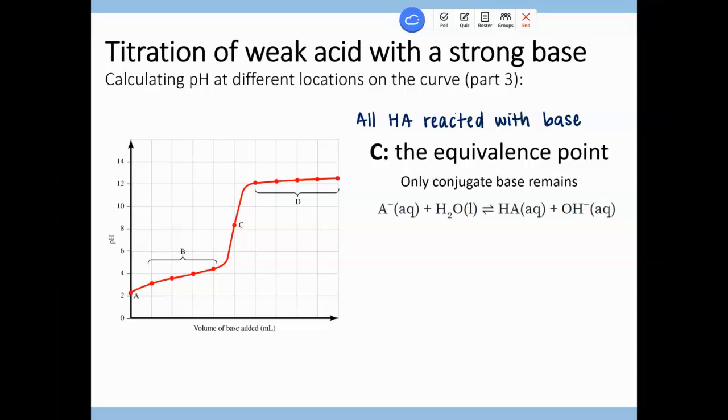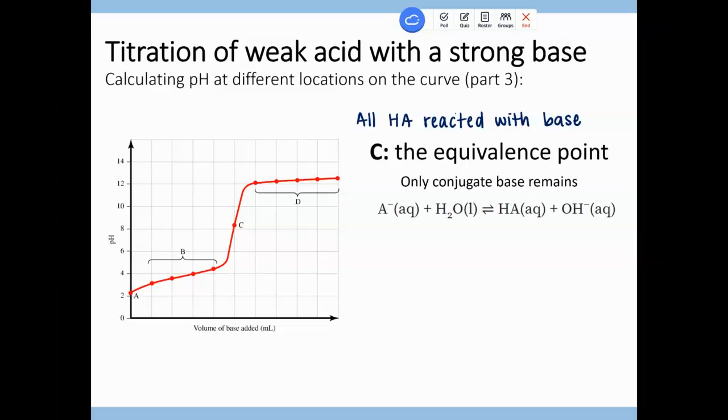No HA on the reactant side, it's all A minus, and then that reacting with H2O would produce HA and OH minus. So now in this reaction equation, what's reacting with the water is a base.